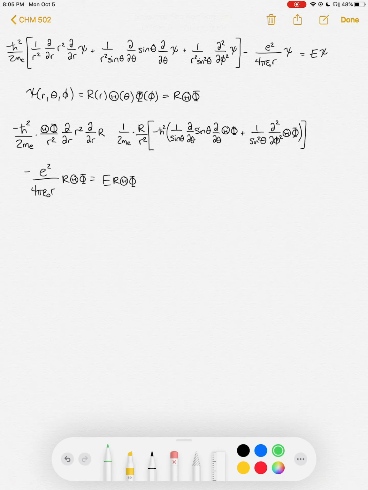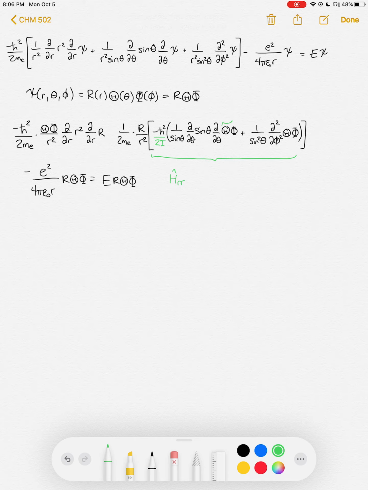To do that, we're going to imagine that we divide this by 2I. Once I put this 2I here, hopefully you can recognize this whole term in the brackets as the Schrodinger equation for the rigid rotor. So this is the Hamiltonian for the rigid rotor operating on our functions of theta and phi.